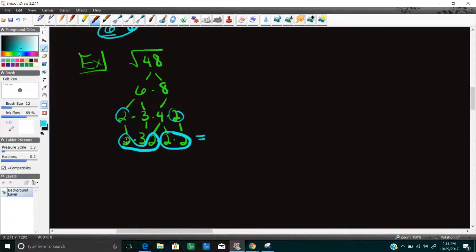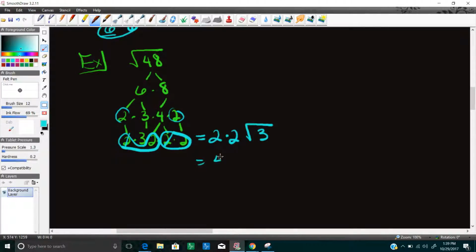I can take this 2 out from the front and this 2 out from here, and that's it. Remember, you take out one number from each thing that you circled, with the square root of 3. And because I pulled out more than one number in this case, I have to multiply them.